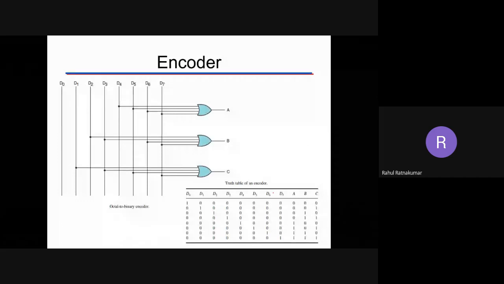If I press the D0 switch, output A will be 0, B will be 0, and C also 0. So this is the code for 0. For the corresponding 0, my encoded output is 0, 0, 0. Now if it is D1, you can see D1 is going through C. C is becoming 1 and the rest will be 0. So this corresponds to 1.